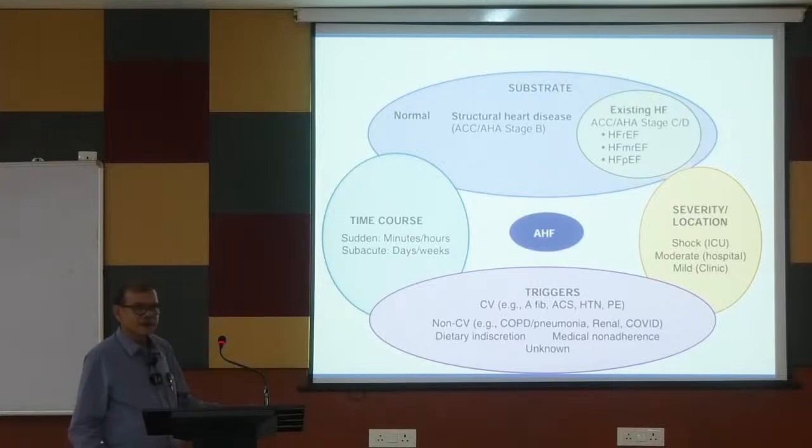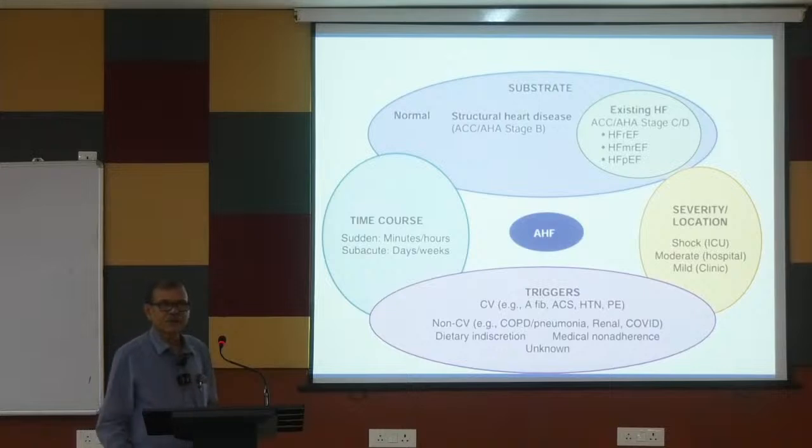And in between the two, a gray zone. The gray zone is 41 to 50%, that is heart failure with mildly reduced EF, HFmrEF.